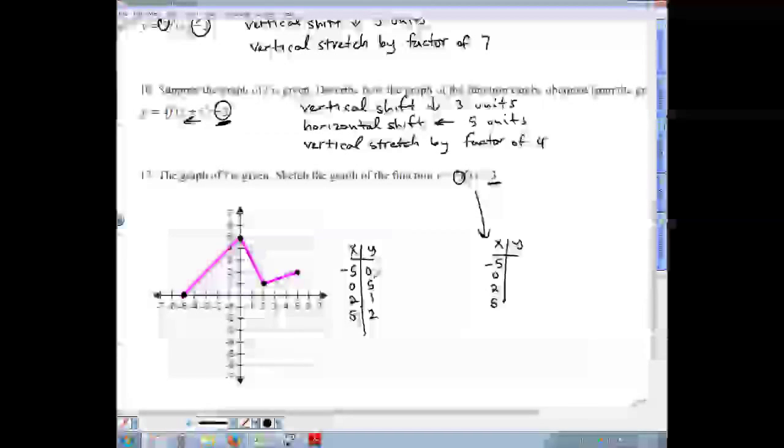So first thing is to make these all negative. So if we did like an intermediate column here of just the y's, we'd have 0, negative 5, negative 1, negative 2. That's what the negative sign does. And adding the 3, we have 3, negative 2, 2, and 1.